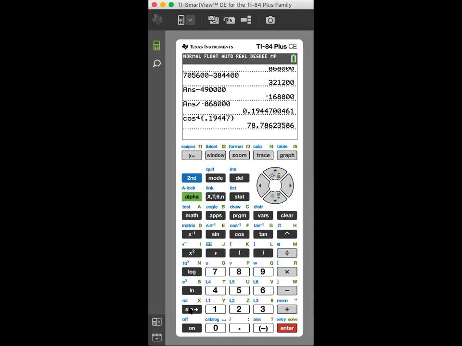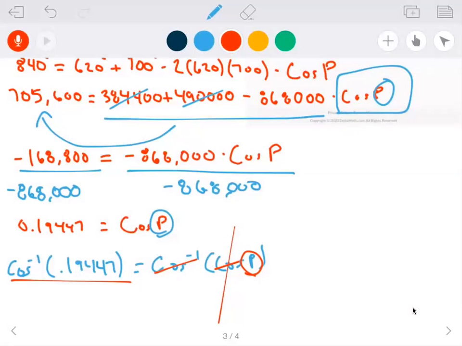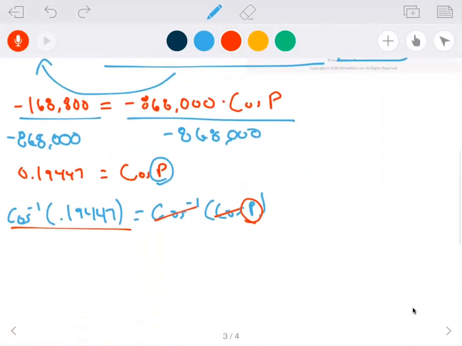Let's go back to my iPad. And so we get the angle of 78.786, and they want it to the nearest degree. So that means we're going to round up.